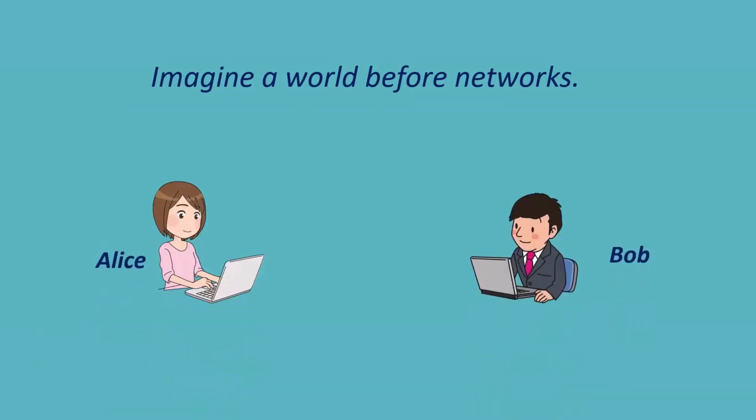So imagine a world before networks came into picture. We had a user Alice and Bob. Alice would work on a laptop, do some data processing, Word or Excel, store the data on her laptop, and anytime she had to share the information or data with Bob, she would copy it on a floppy disk and then walk over across the office to Bob and hand over the floppy to Bob.